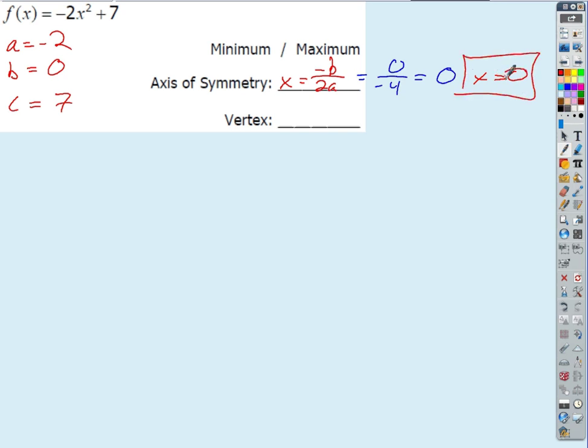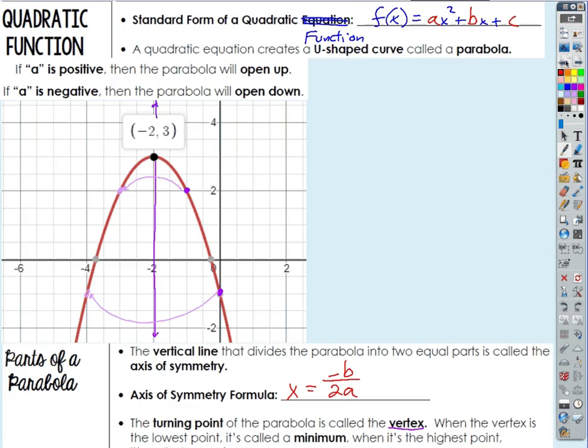If I want to find the vertex, the ordered pair that's the vertex, I'm halfway done. What's the x-coordinate? 0. Yeah, it's 0, right? Because whatever the axis of symmetry is, in this case, the axis of symmetry would just be the line x equals 2, right? How come? Well, or negative 2, sorry.